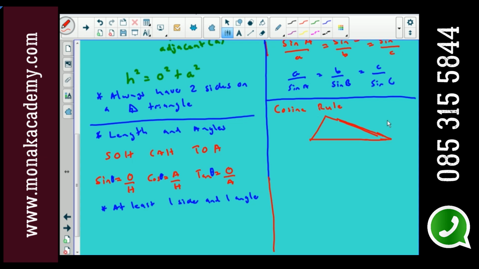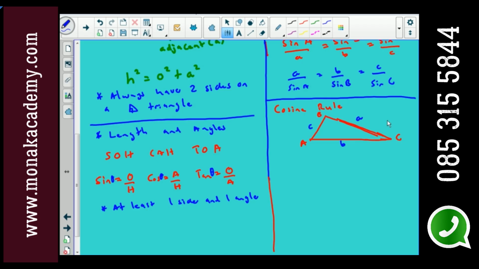And we will name it A, B, and C. Again, the side opposite to B is small b. The side opposite to A is small a. The side opposite to C is small c.